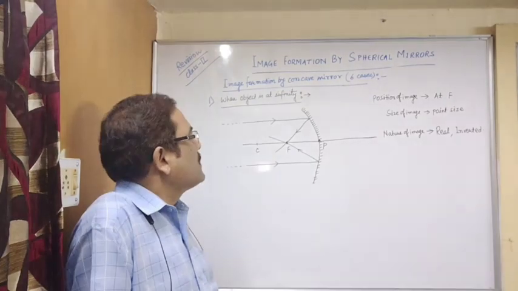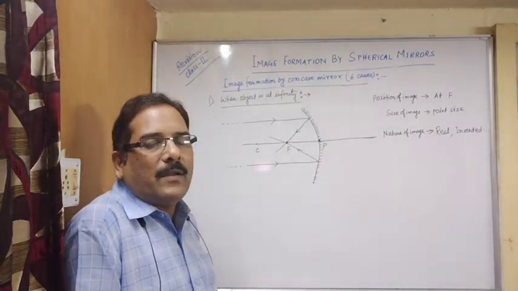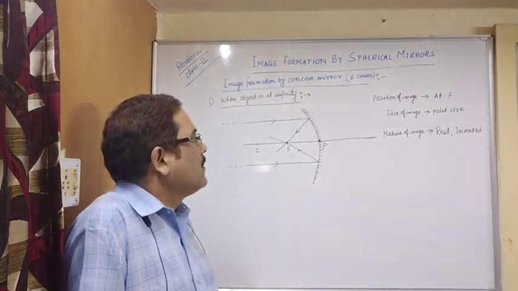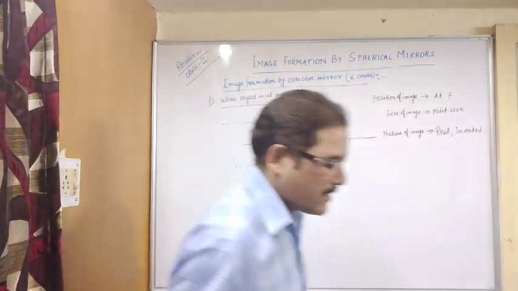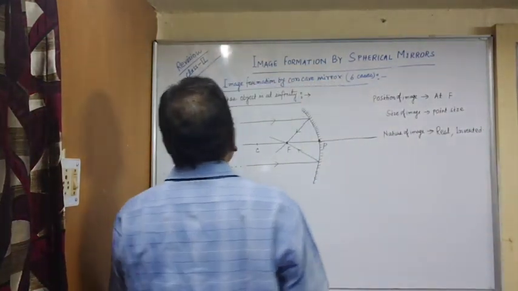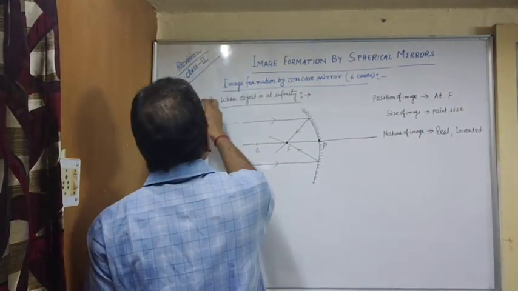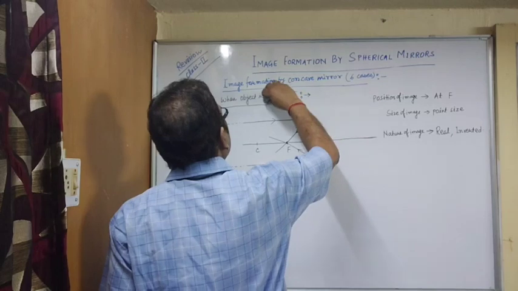Now we will discuss another case. Gradually we will shift the object towards the mirror. So the next second case is when object is beyond center of curvature.